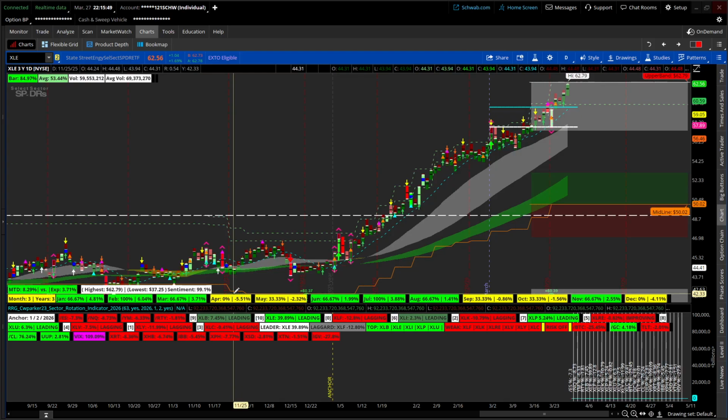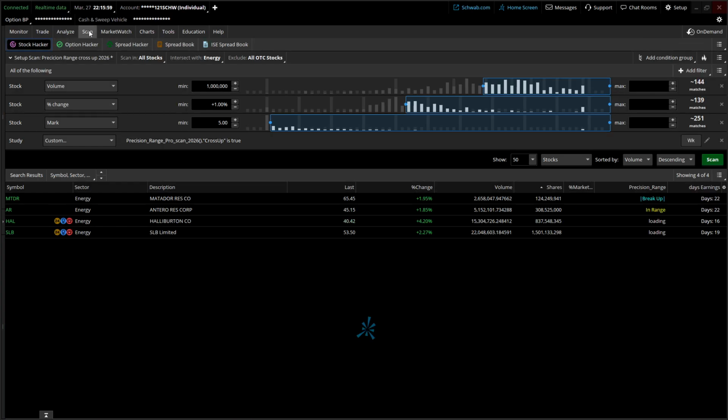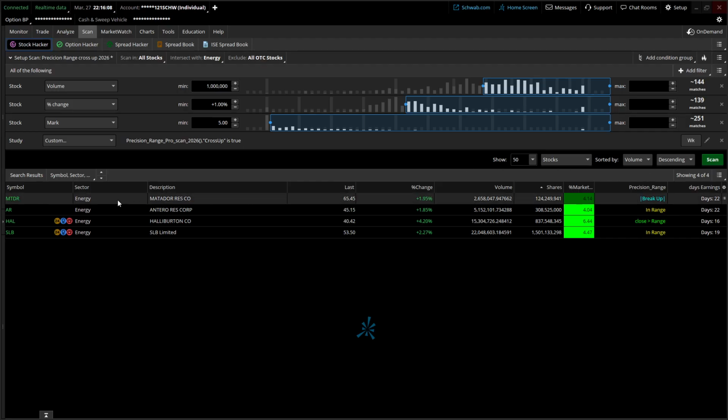Solar panels, all these different things. So people look for alternative energy sources. So this would be one of the sectors I would be scanning to find different stocks that are pushing above. These are some of the ones I found with my Precision Range Pro scanner, and these are on a weekly.